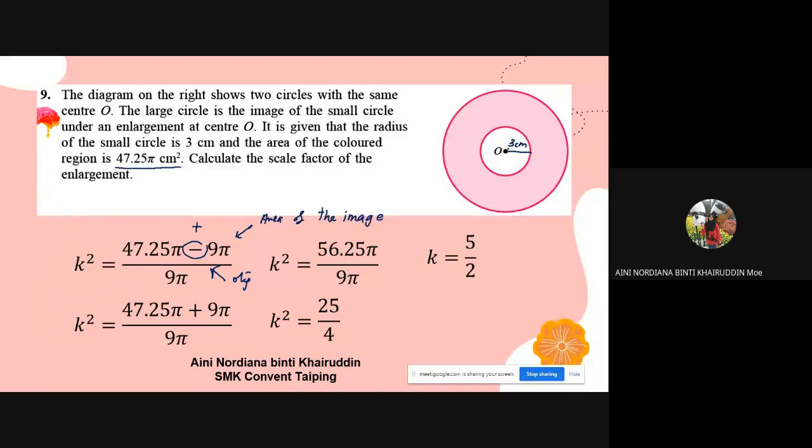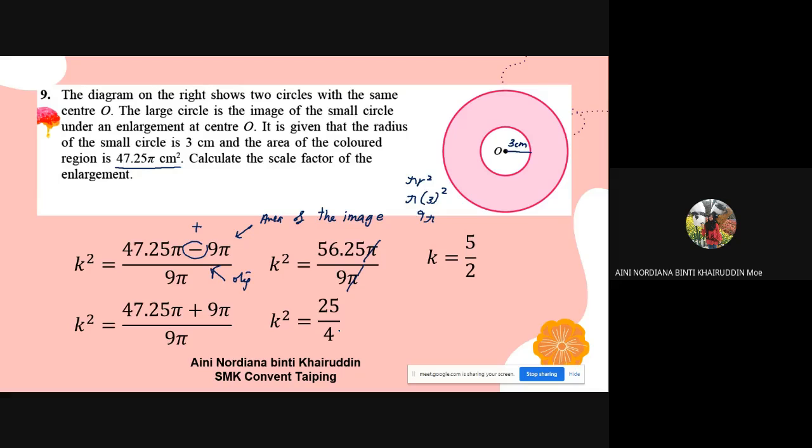The bigger circle includes the small circle because the center is O. So 47.25π plus 9π. 9π is the area of the smaller circle. Use the formula πr², the r is 3. So 9π over area of the object, 9π. Then you can add these two, you get this, then simplify π. This one use calculator. Okay?